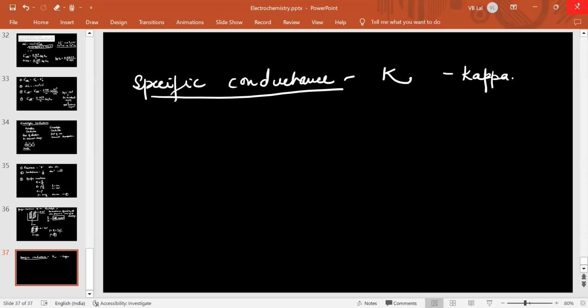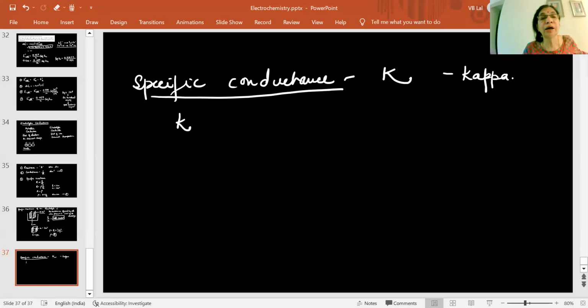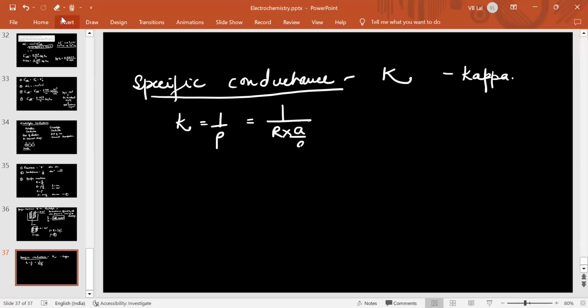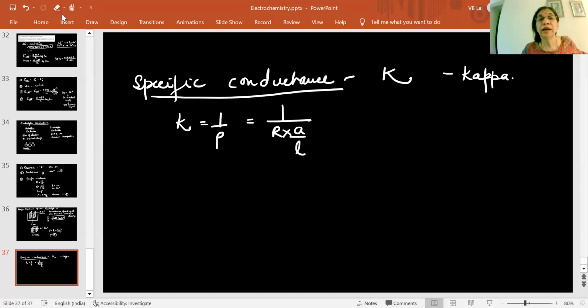So kappa is the inverse of rho, kappa is equal to 1 by rho, and 1 by rho is R into A by L inverted, so I can write it as 1 by R into L by A. So kappa is equal to 1 by R into L by A.